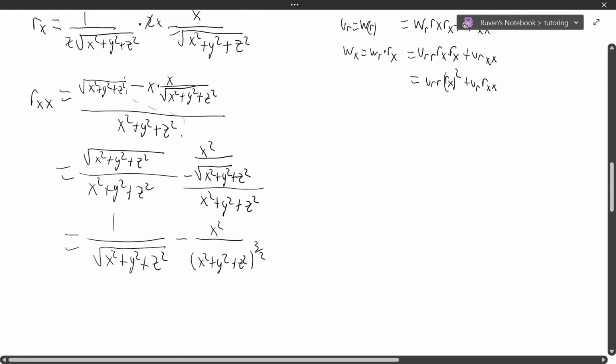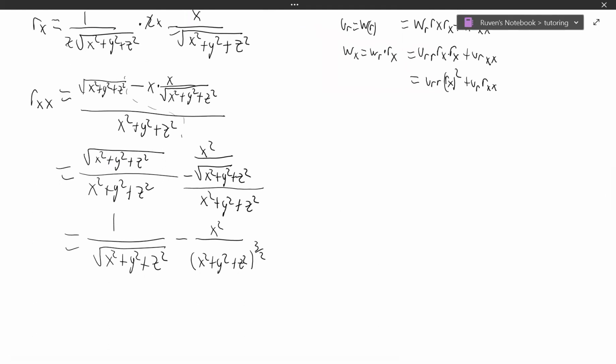Now what we can do is factor out the square root of x squared plus y squared plus z squared. That's going to be equal to 1 over the square root of x squared plus y squared plus z squared times 1 minus x squared over x squared plus y squared plus z squared.